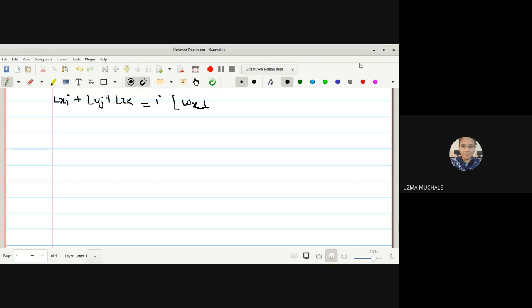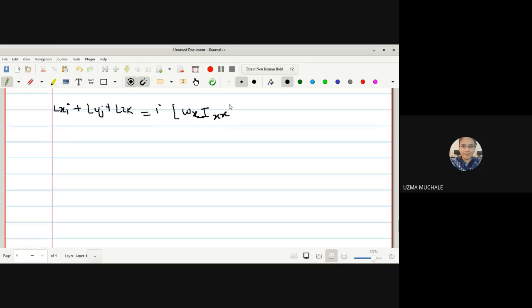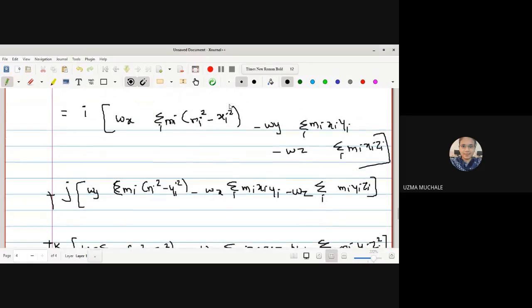Now, whatever terms we have written, we will write them in a compact form. We will denote them as Ixx. Whatever this term we have, this whole term we will name it as Ixx because here we have xi square. So hence we will name it as Ixx.